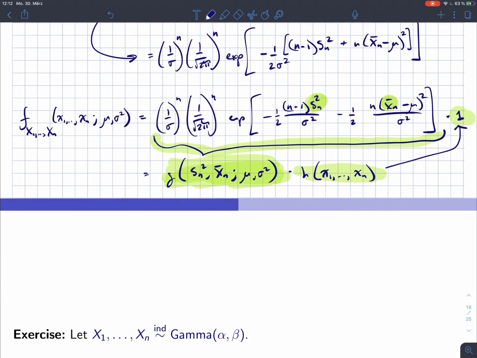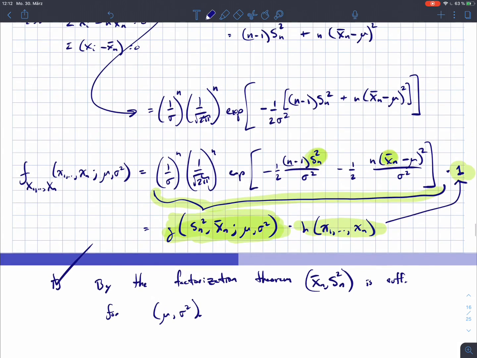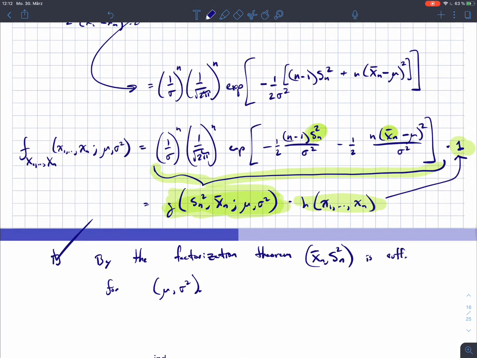Okay. So, yes, by the factorization theorem, x bar and Sn, this pair of statistics, is sufficient for this pair of parameters, mu and sigma squared. So if I have a random sample from a normal population and I want to know about mu and sigma squared, it is sufficient for me to compute the sample mean and the sample variance.